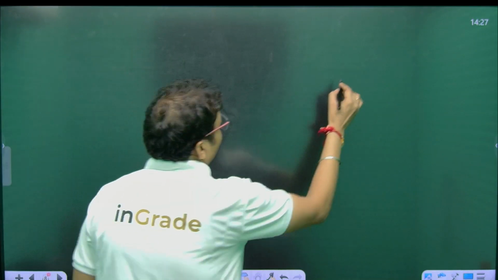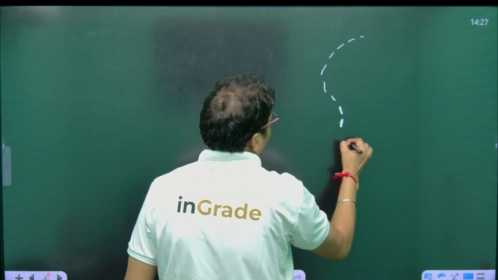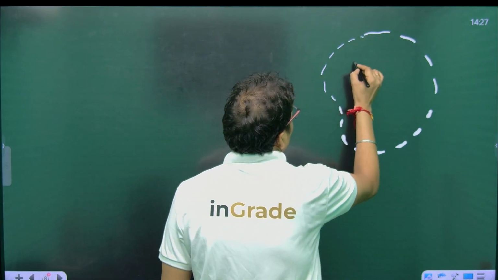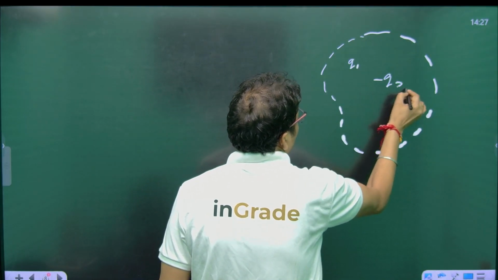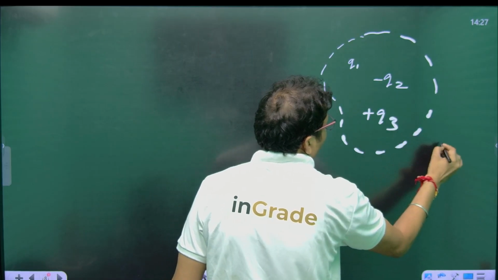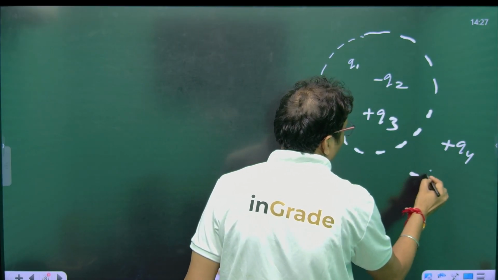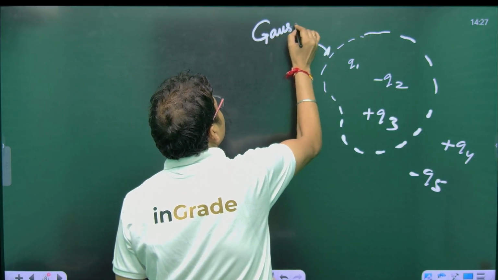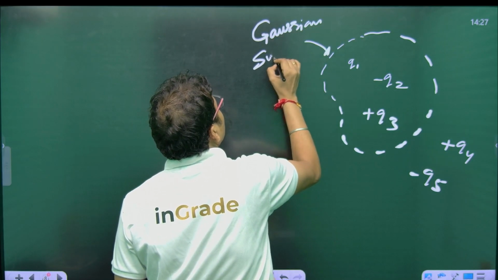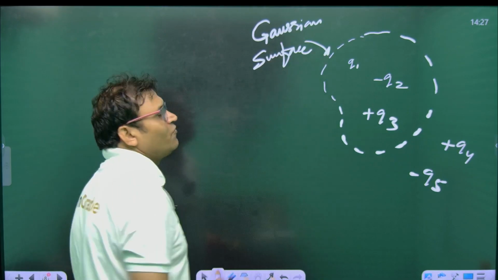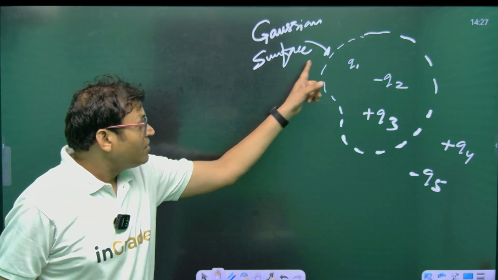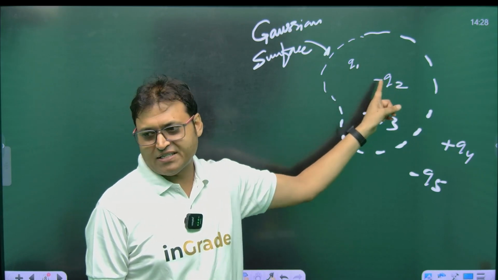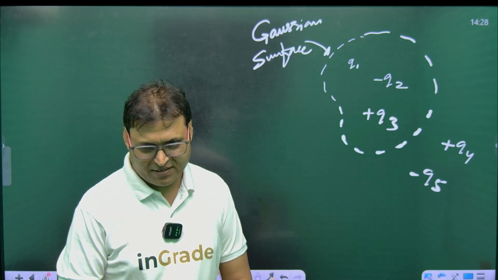The surface is called a Gaussian surface. It can have any shape or size. So if there is a Q1 charge, this is minus Q2, then there is a Q3, and here let's say Q4 and minus Q5. This is our Gaussian surface. For the Gaussian surface, the flux does not depend on the location of the charges enclosed by the surface.